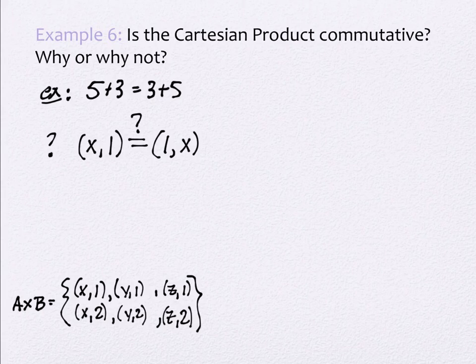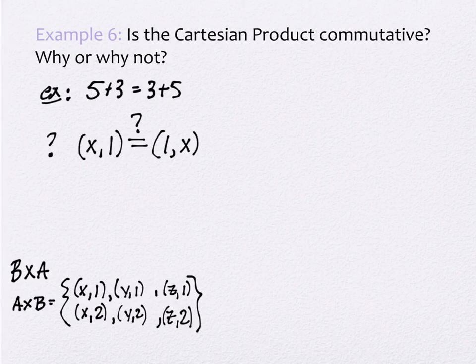That's the question this is asking. We'd be switching everything, so this would actually say B cross A. So the question is, would we have the same grouping of elements if I switched all the letters and numbers around like that?